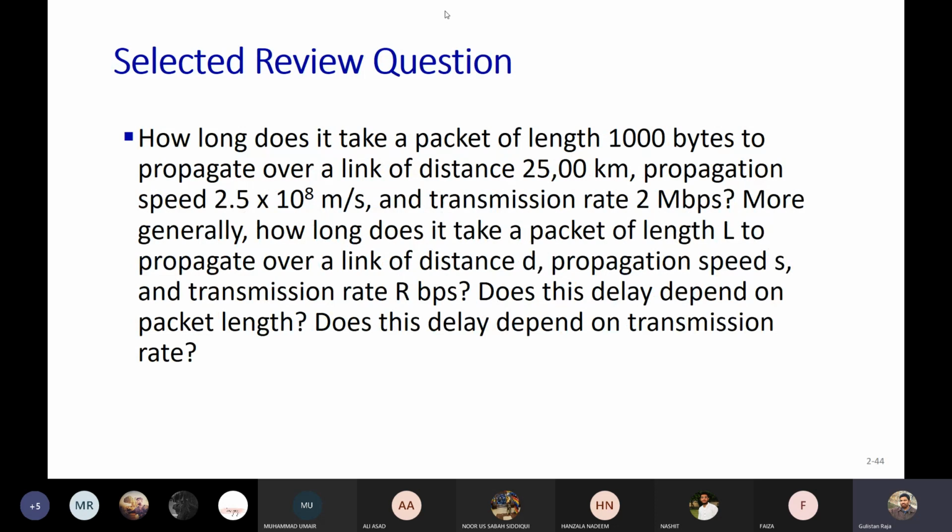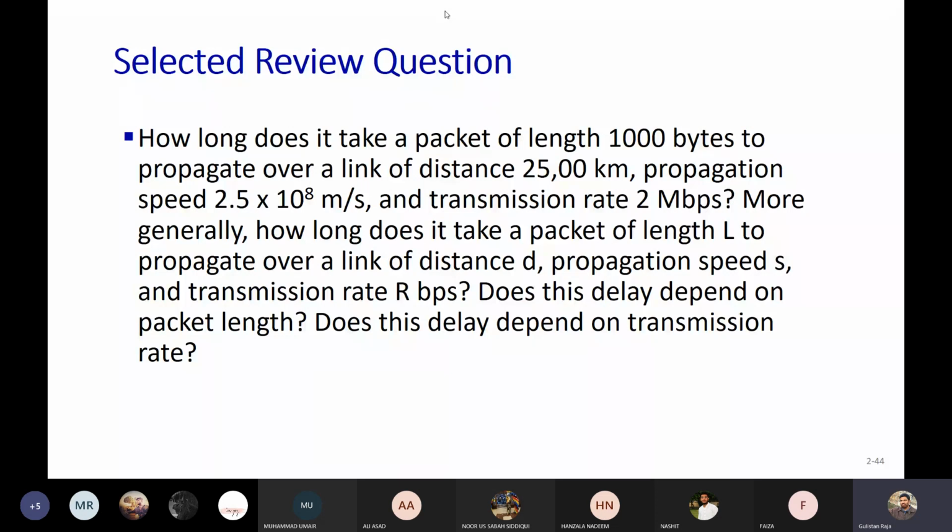Okay, next question. Let's say we have a packet of 1000 bytes to propagate over a length of 2500 kilometers, the propagation speed is 2.5 times 10 to the power 8 meters per second, and the transmission rate is 2 Mbps. So how long will it take a packet of length L to propagate over a distance D, with propagation speed S and transmission rate R bps?